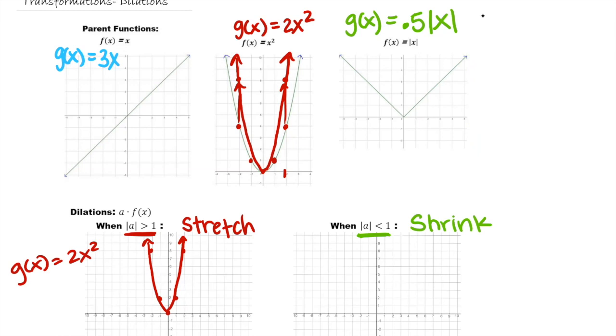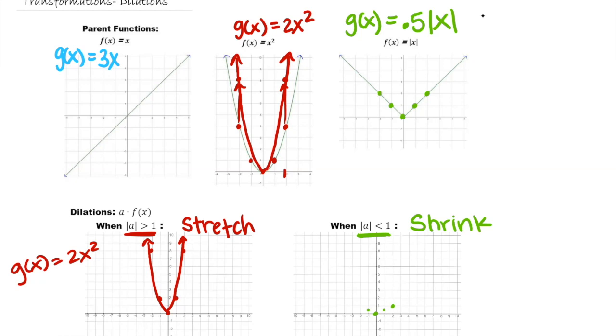Again, my x values are going to stay the same. It's the y values that I'm going to multiply by half. 0 times a half is still 0. That has not changed. 1 times 1/2 is a half. 2 times a half goes up to a 1. You can do the same thing on the other side. Still a y value of 1, just multiplied by a half, so 1 times a half is 1/2.